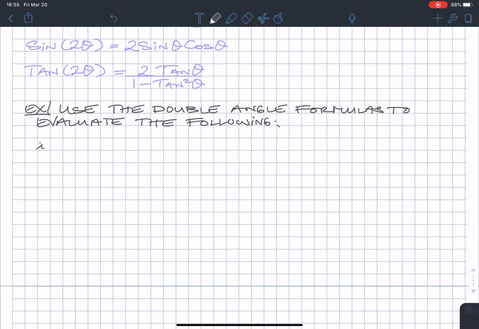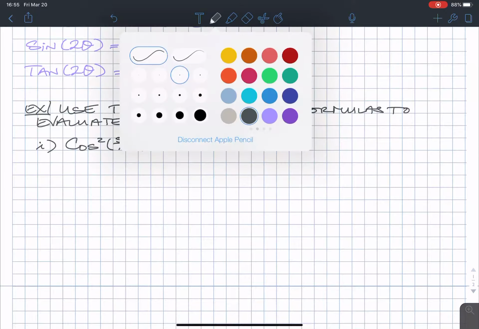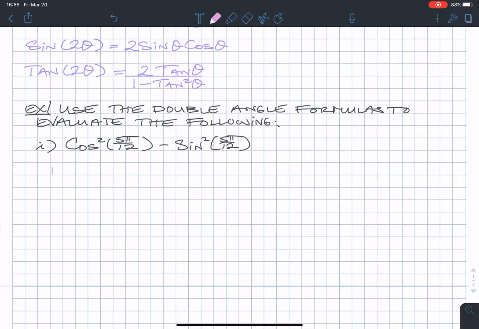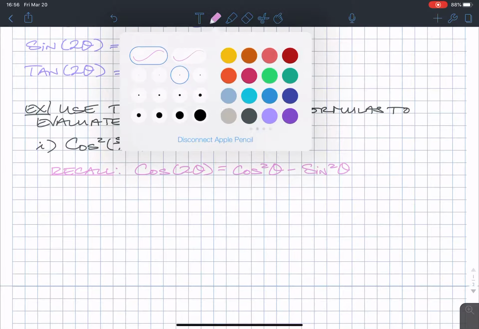Okay, so number 1. Let's say we have cosine squared of the quantity of 5 pi over 12 minus sine squared of the same quantity, 5 pi over 12. So let's recall that cosine of 2 theta is cosine squared theta minus sine squared theta. Okay, so let's go to what we were given.